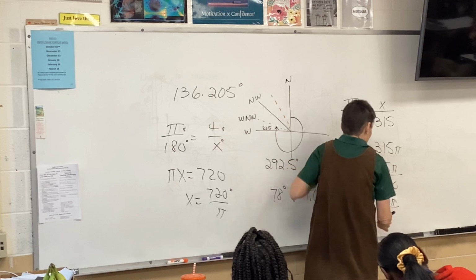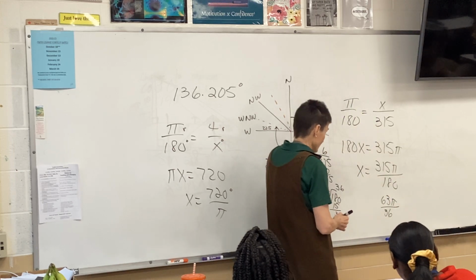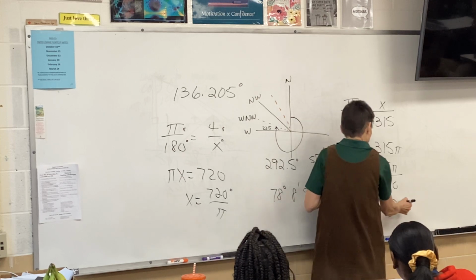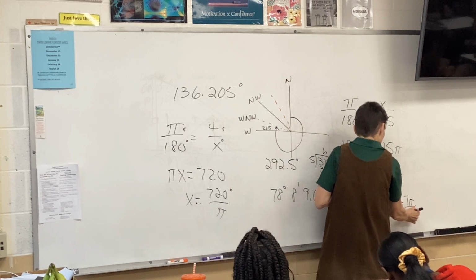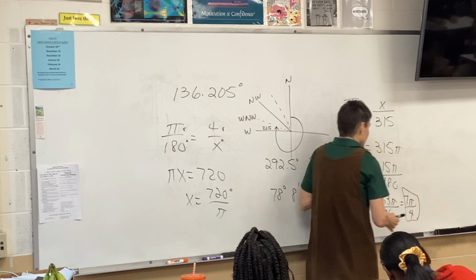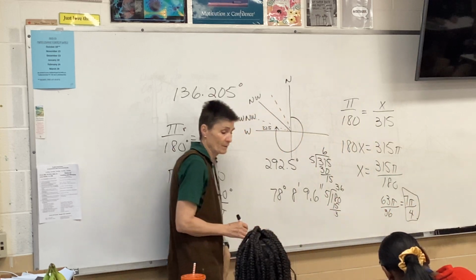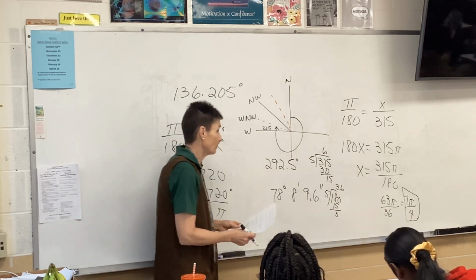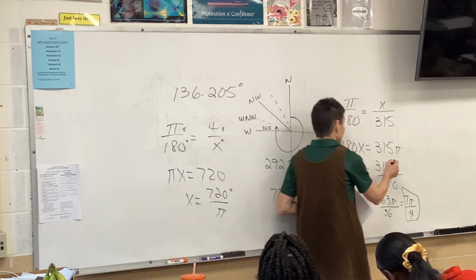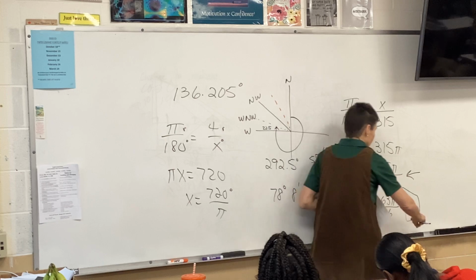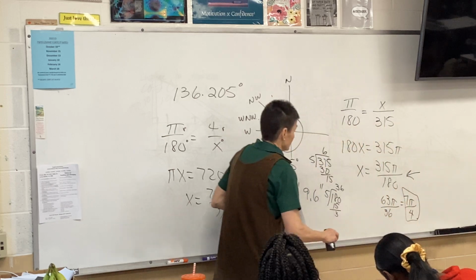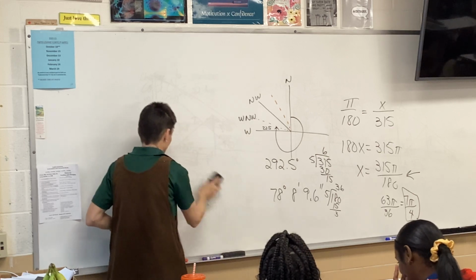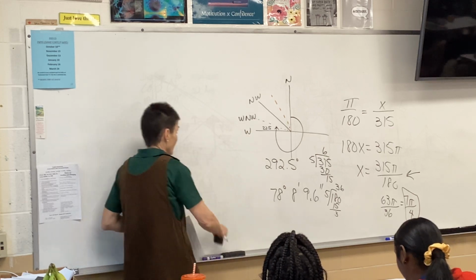Oh gosh, those are still divisible by something. 9. So 7 pi over 4 is your final answer. Now, I don't want you to sweat that reducing, kids. Truly, you should be able to do that. But this is the main part right here. You need to reduce, but I don't want that to cause you great anxiety.